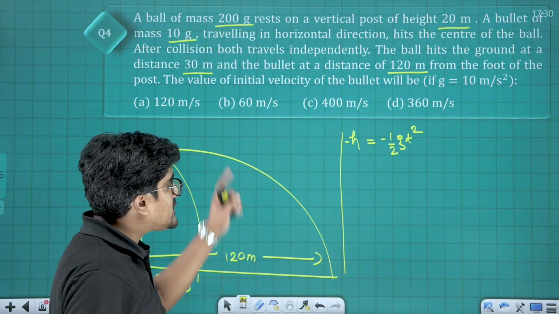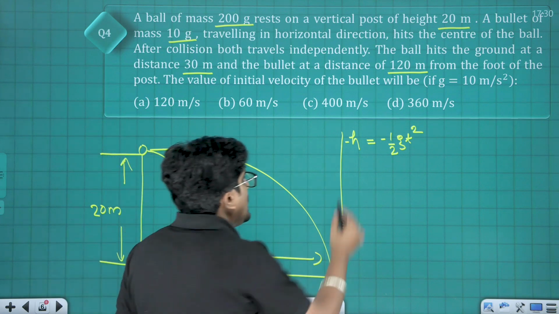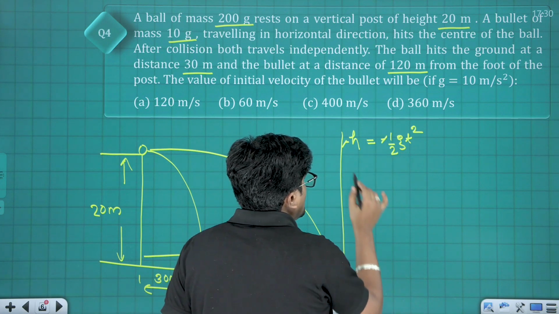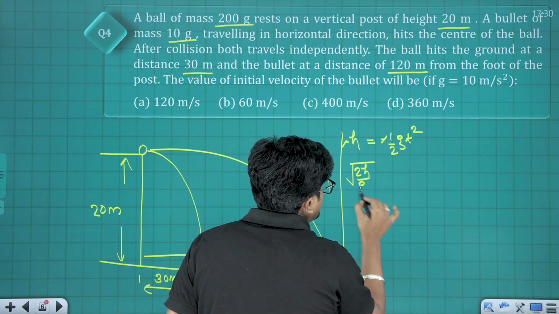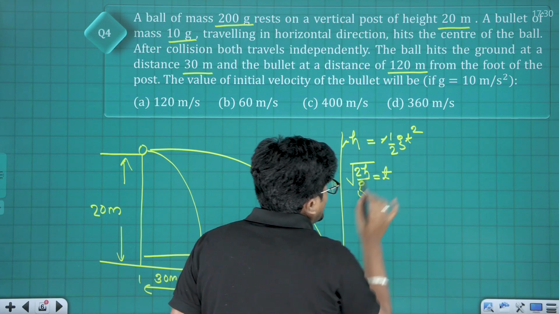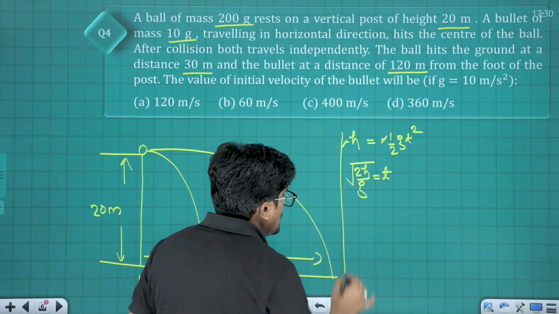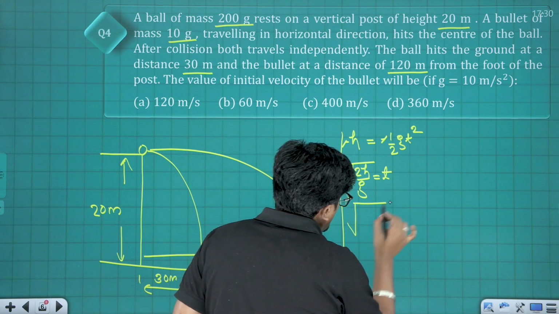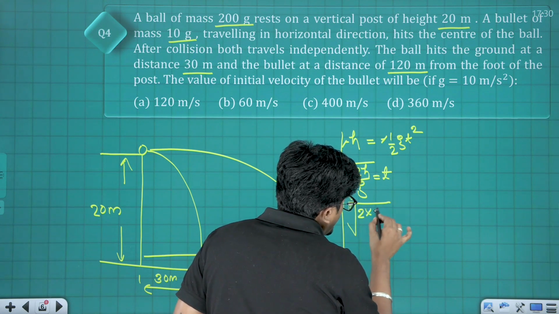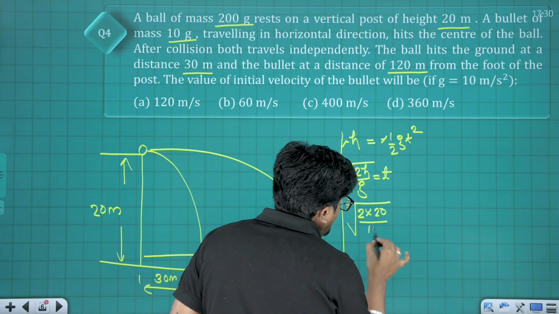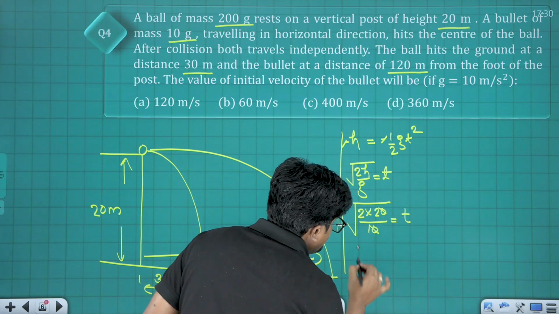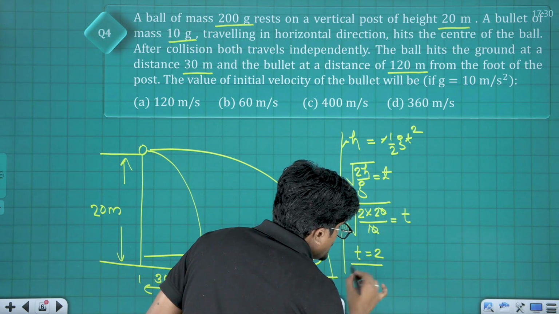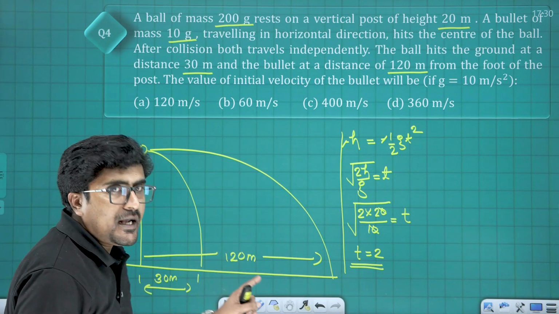Because g is in the downward direction, displacement is also in the downward direction. Minus and minus will cancel. So root of 2h by g is going to be the time taken. It's root of 2 into h is 20, all divided by g, I am taking it as 10. So this is going to be 2 seconds.